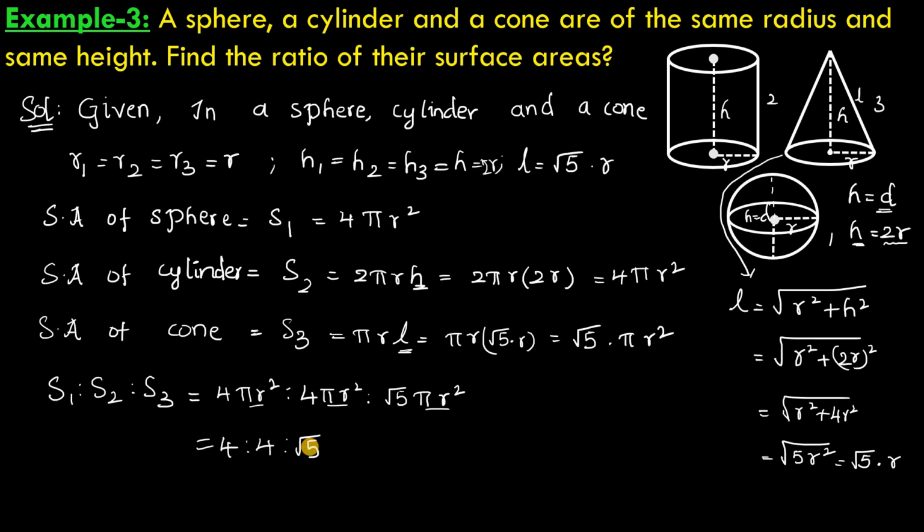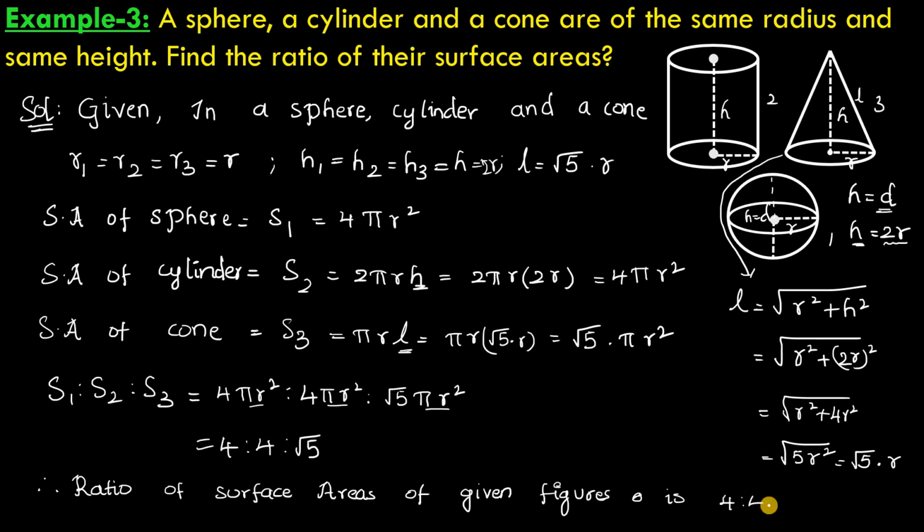There is no common factor for these three except 1, so no calculation is possible here. So we'll leave it like that. At last you can write the conclusion: the ratio of surface areas of the given figures is 4 is to 4 is to root 5.